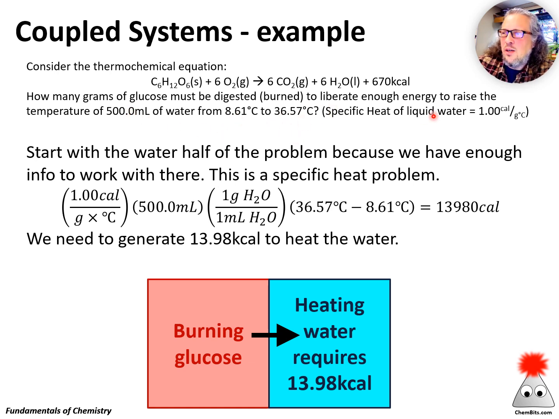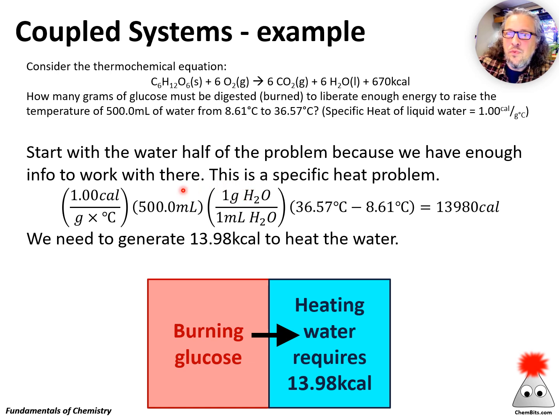So just like with all specific heat problems, let the unit set up your problem for you. 1 calorie per gram degree C. I've got how many grams of water? Well, I've got 500 milliliters of water, and water has a density of 1 gram per milliliter.